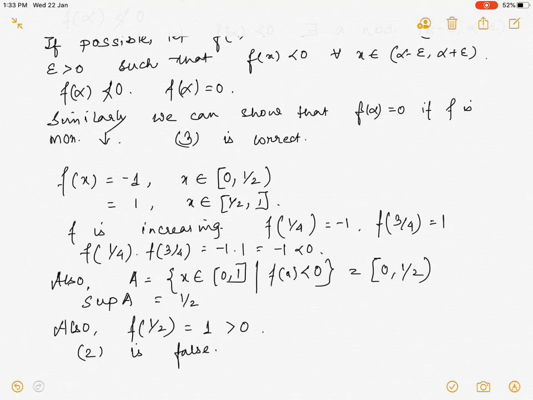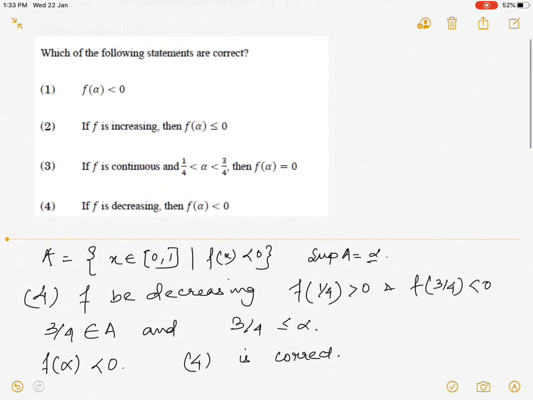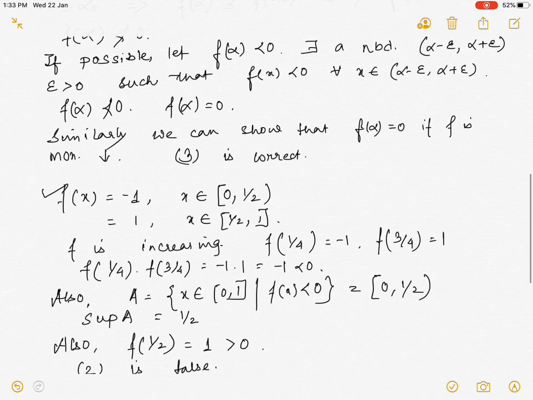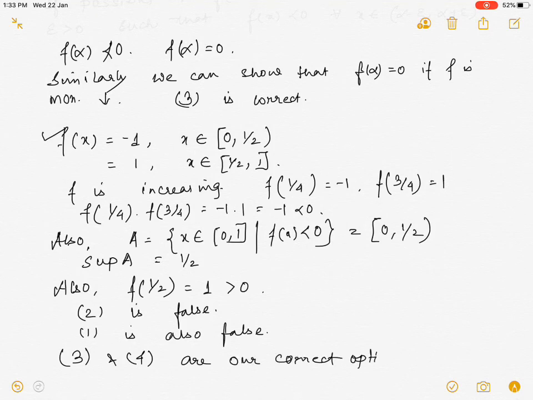Thus option 2 is false. Similarly, using this particular f, option 1 is also false. Thus 3 and 4 are our correct options.